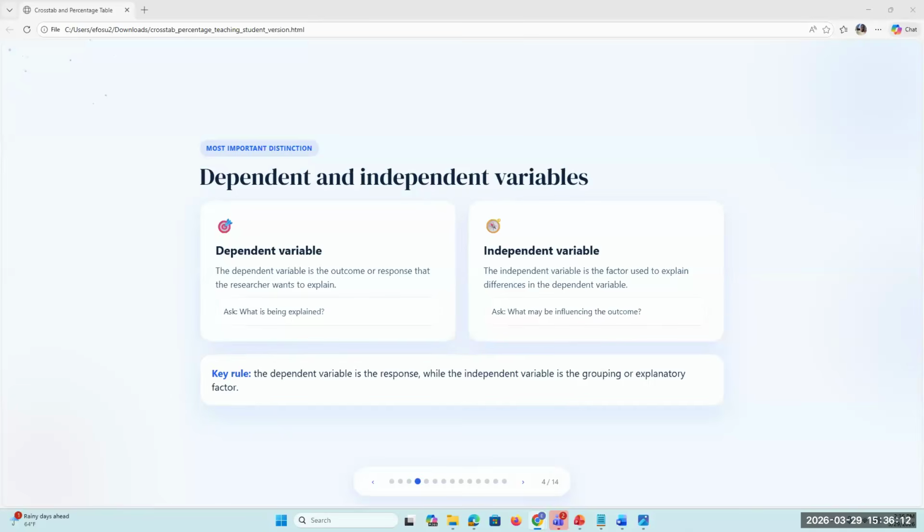So the next question. Someone should read the next one I've just posted in the chat, the second one. Then let's determine which one will be the dependent and which one will be the independent variable. Does attending private or public school affect one's performance?